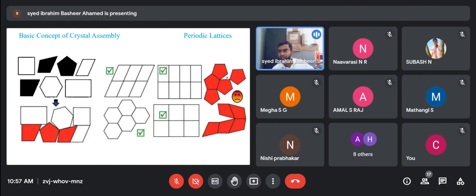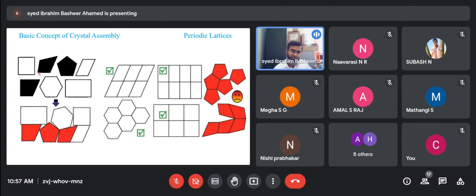When you have a gap like this, how will it form? Is it going to break the molecule or what? No way, right? This kind of zigzag thing is not allowed. Usually it is not observed.